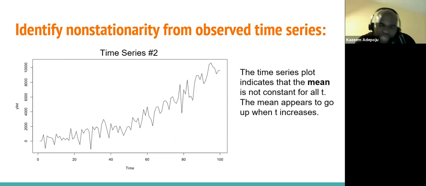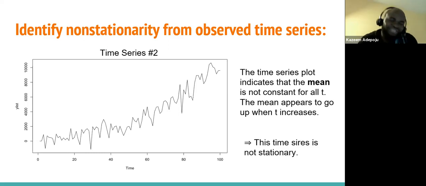Let me look very well. The variance looks the same, but the mean is changing.